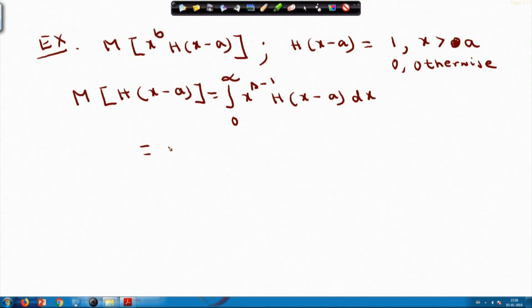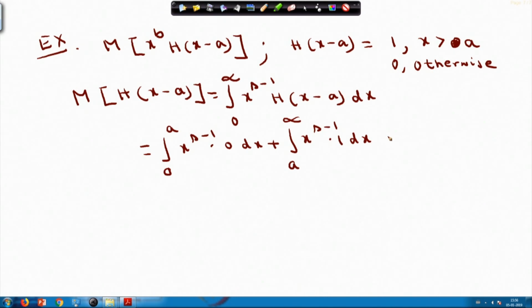So, I can break it into two limits: 0 to a of x to the power s minus 1 into 0 dx, plus a to infinity of x to the power s minus 1 into 1 dx. The first integral will vanish, and you will have only the integral from a to infinity of x to the power s minus 1 dx.